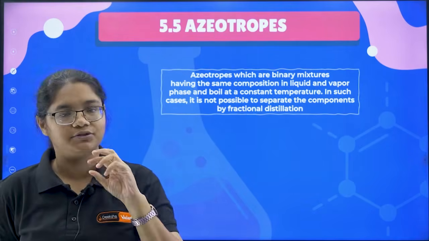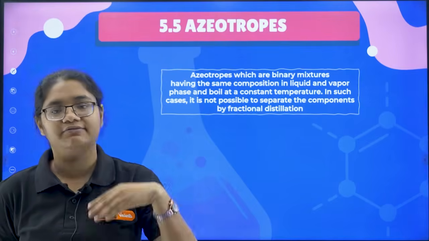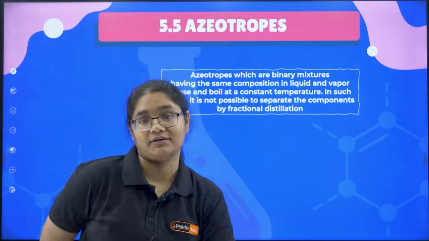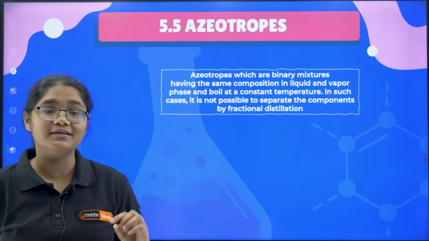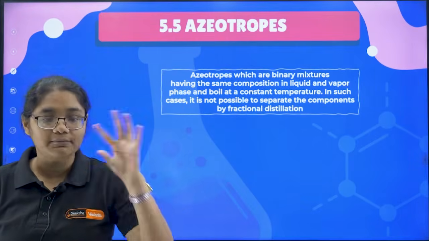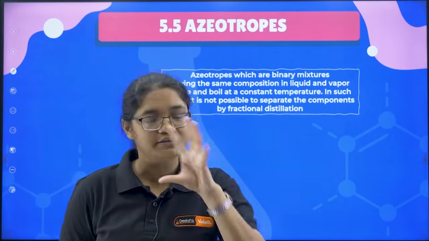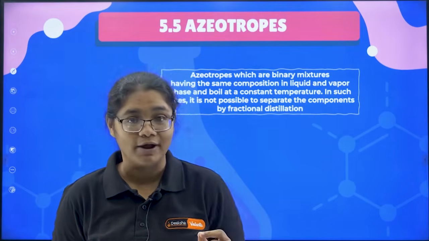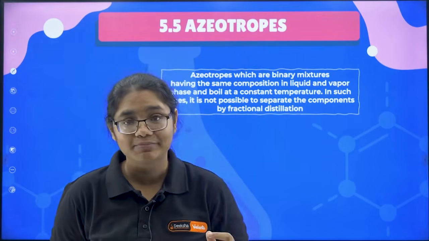They have the same composition in the liquid phase and vapor phase, and they boil at the same temperature. This is very important. Suppose you have taken ethanol and nitric acid, that mixture will have one boiling point. If the mixture has the same boiling point, can we separate them? No, right?